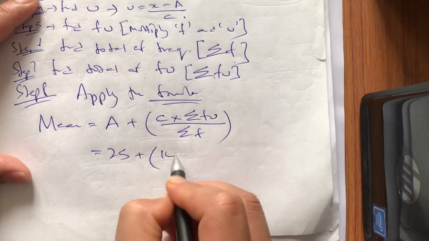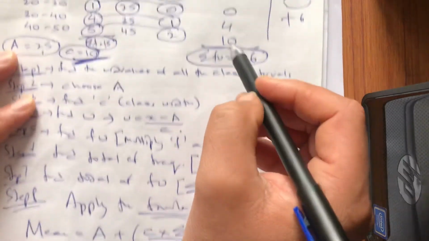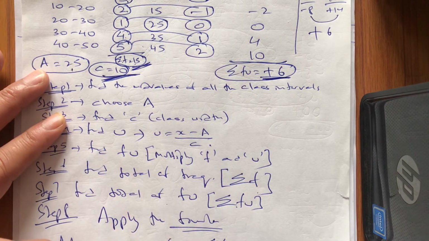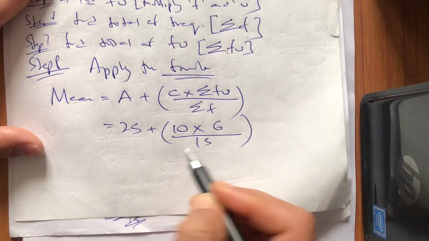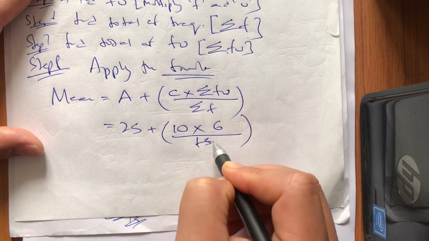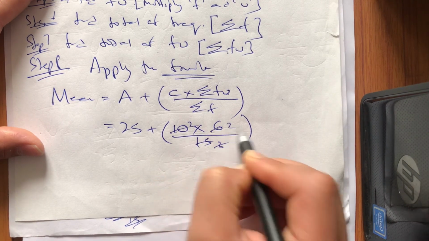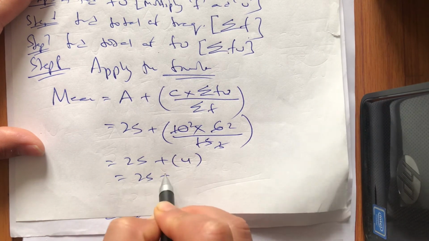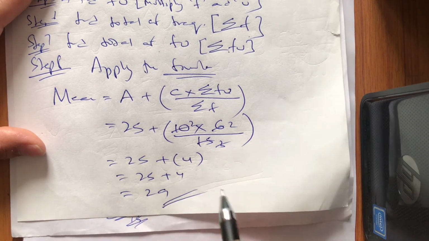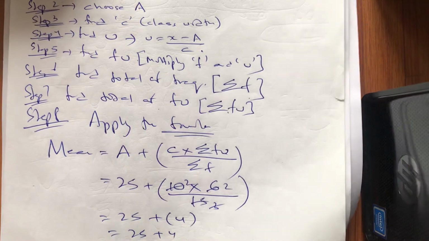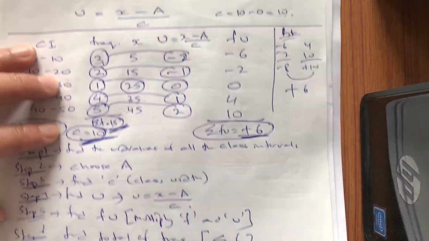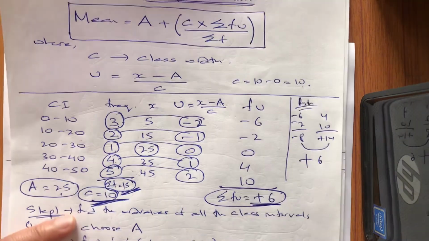So we'll write 10 into sigma fu, we got it to be plus 6, divided by sigma f, we found it as 15. So whatever can be cancelled, cancel. 5 3s are 15, 5 2s are 10, 3 1s are 3, 2s are 6. So we get 25 plus 2 2s are 4. So we get 25 plus 4, that is equal to 29. So the answer for this particular question is 29. That means the mean using step deviation is 29 for this particular question.